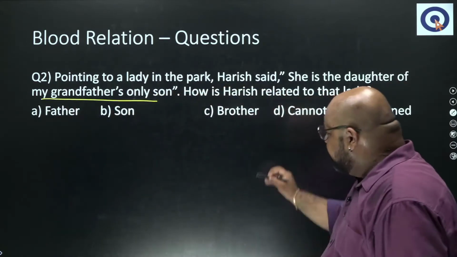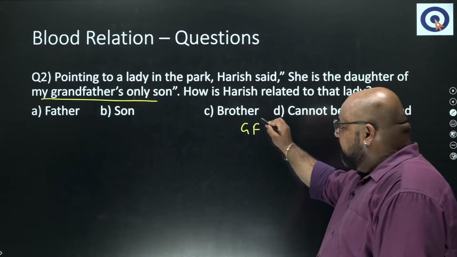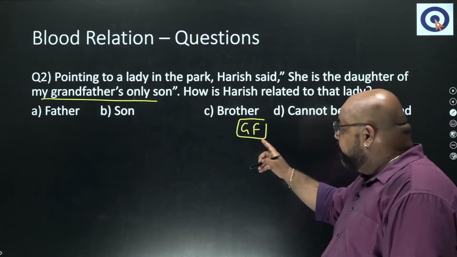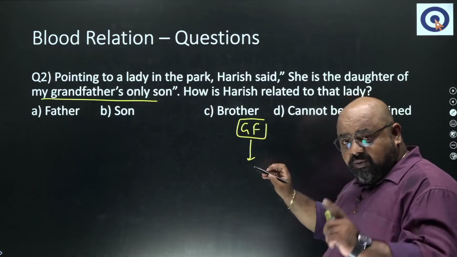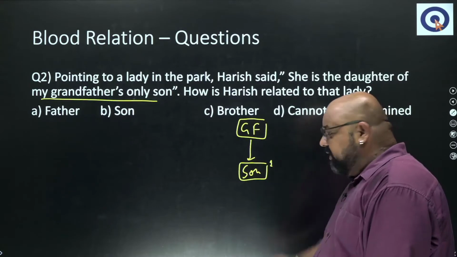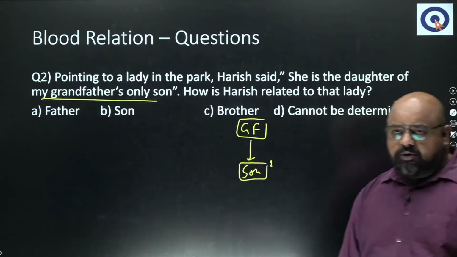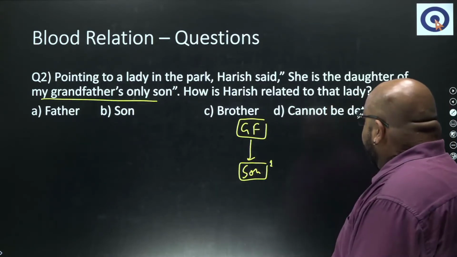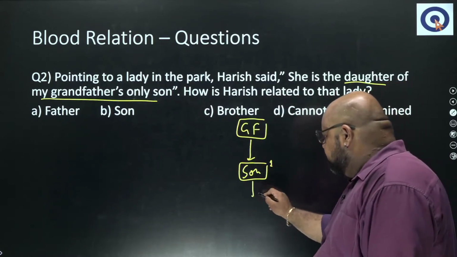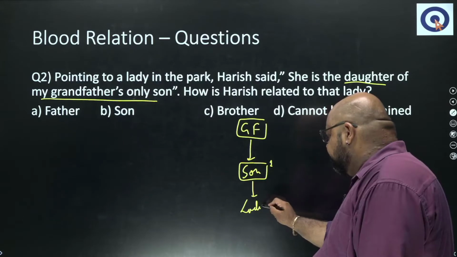So let us first draw the grandfather. This is grandfather, not the other meaning of GF, all right? This grandfather has only one son, so let us draw that one son. Since he is the only son, I'm writing 1 here just to remember that there cannot be more sons. And about the lady, he says she is the daughter of this son. So the lady is the daughter of this son.